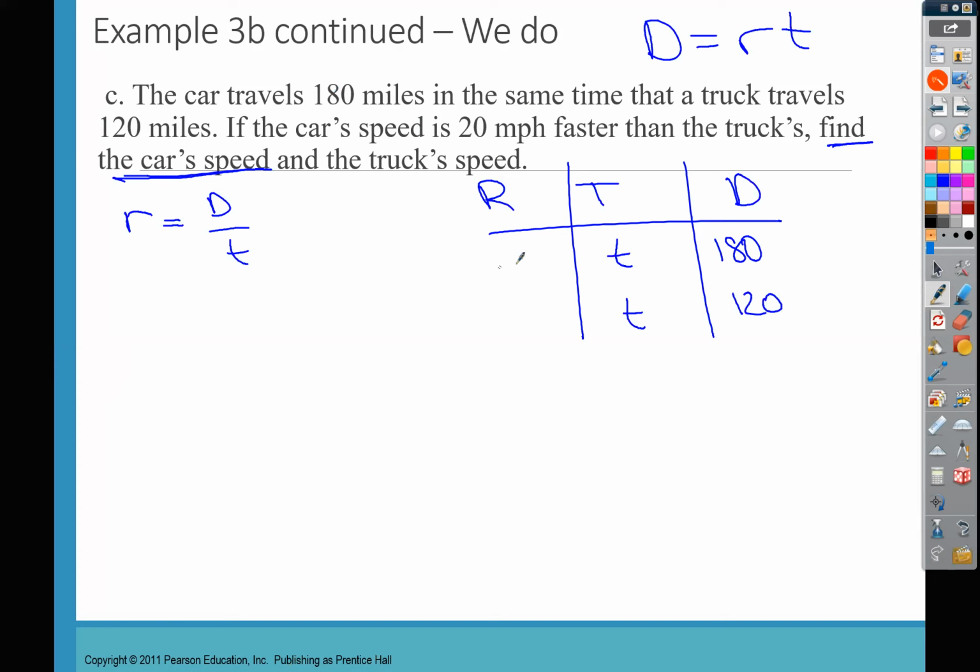If the car's speed is 20 miles an hour faster than the truck, so I don't know what the truck's rate is, but the car's rate is 20 miles an hour faster than that, find the rate of both, okay? So I need to set up a formula, okay? So the time is the same in both.